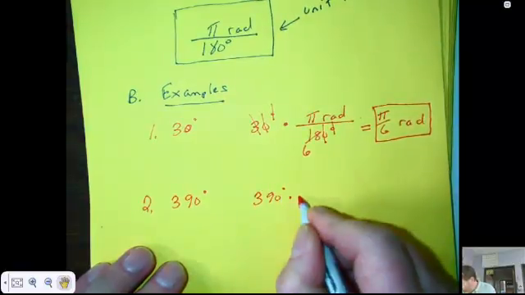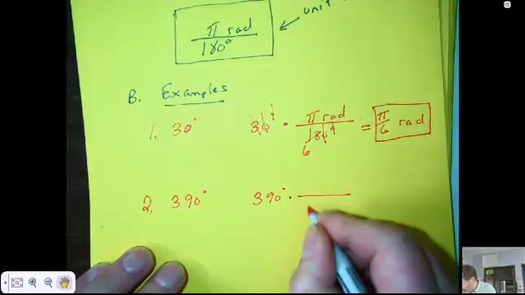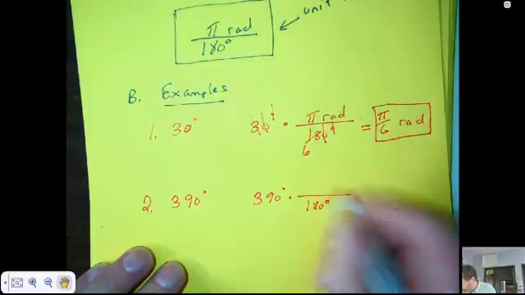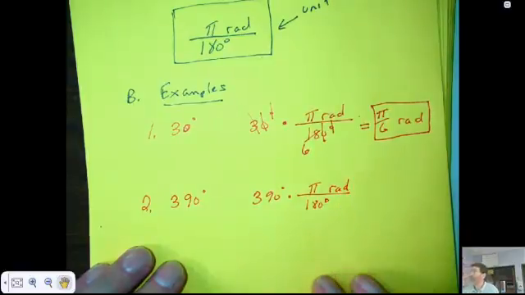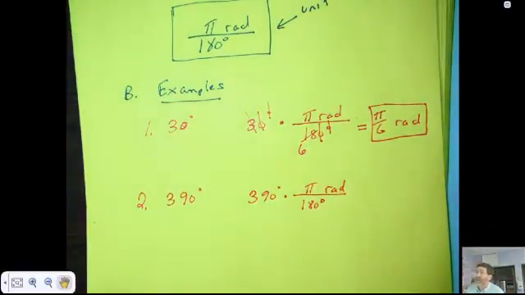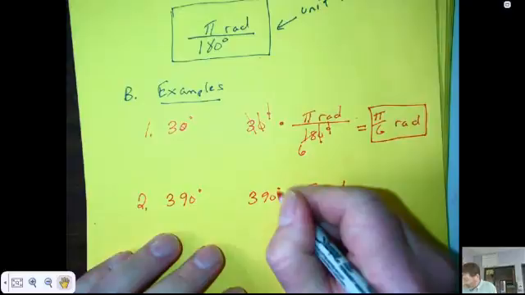Again, I'm just going to take and multiply by my unit fraction. 180 degrees on bottom, so it cancels with the pi radians on top. And I look to see what I can cancel. You're going to be asked to answer these things exact, not approximate, and leave them as improper fractions. So what can I cancel here?